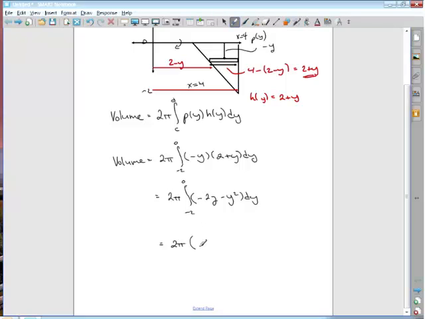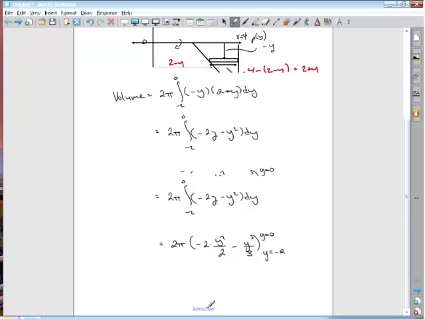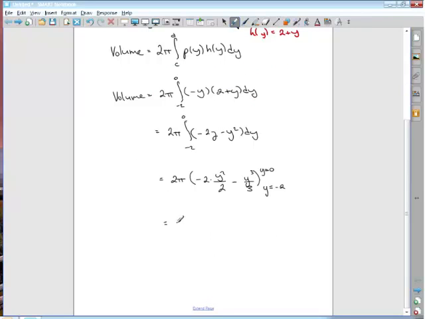So when you integrate negative 2y, you get negative 2y squared over 2. The integral of y squared is y cubed over 3. And we evaluate that between y equals negative 2 and y equals 0. So the upper limit is going to make this thing go to 0.